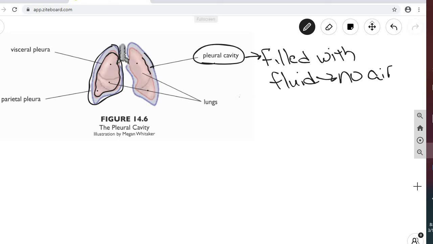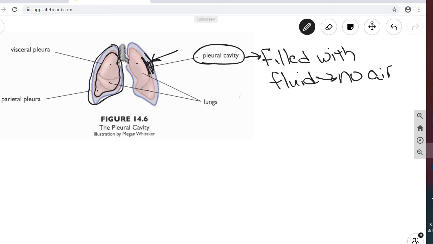So that's important because there's this seal that exists between these 2 membranes. If you break this seal, then air will go rushing in, and the pressure inside here will be the same as the atmospheric pressure, and it's that pressure difference between the atmospheric pressure and the lung pressure that keeps the lungs open, or keeps them from collapsing on each other.